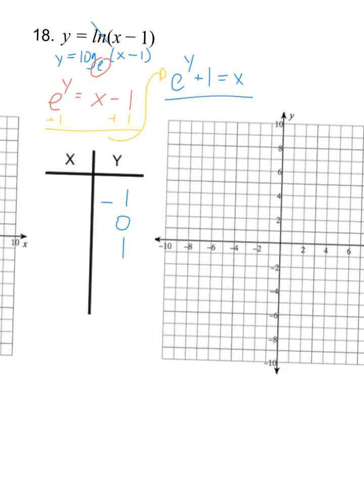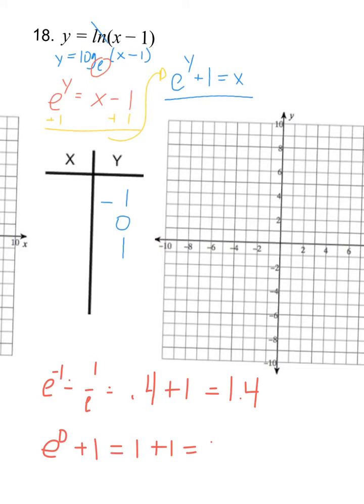Okay, so e to the -1 is 1 over e, or as a decimal in your calculator. I've got a calculator to the side of my iPad here, so if I do 1 divided by e to the first, I get approximately 0.4, but then you need to add 1, so this is really 1.4. e to the 0 plus 1 is really like 1 plus 1, which is 2.